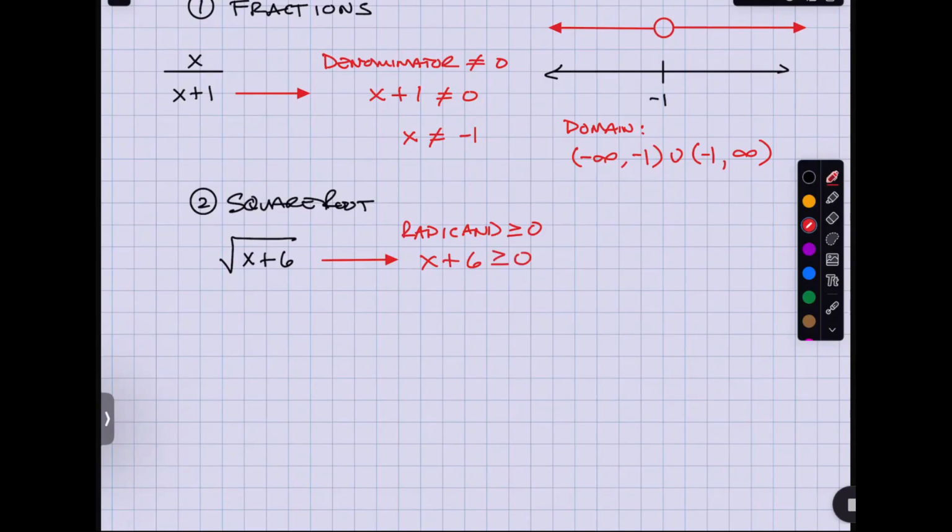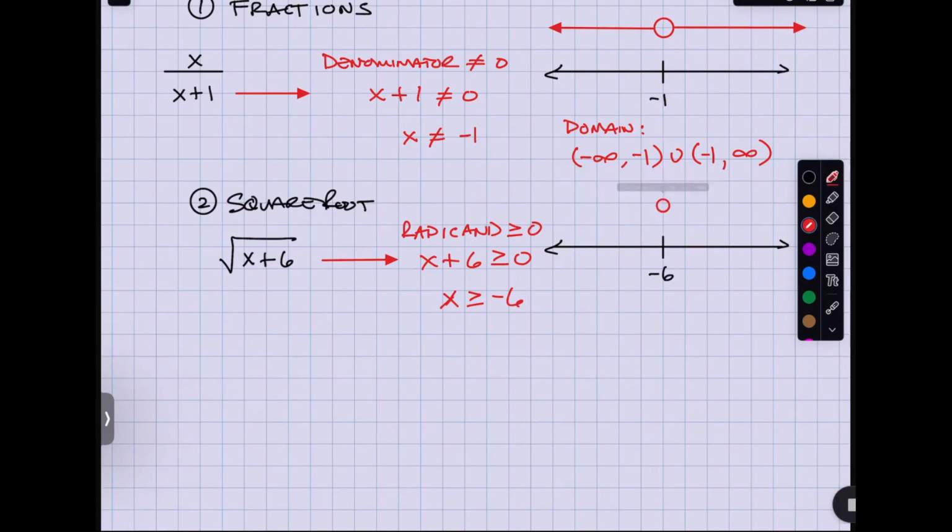So x is going to be greater than or equal to negative 6. If I put negative 6 here, is it an open circle or a closed circle?